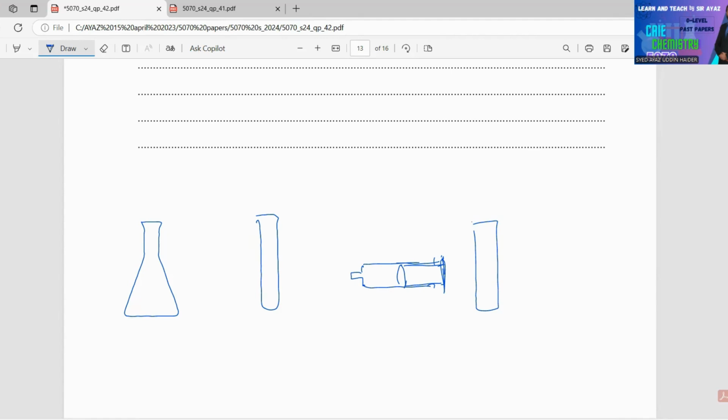I'm labeling these. This is the conical flask. This is the test tube. This is the gas syringe. This one is the measuring cylinder. So you can draw any two from these.